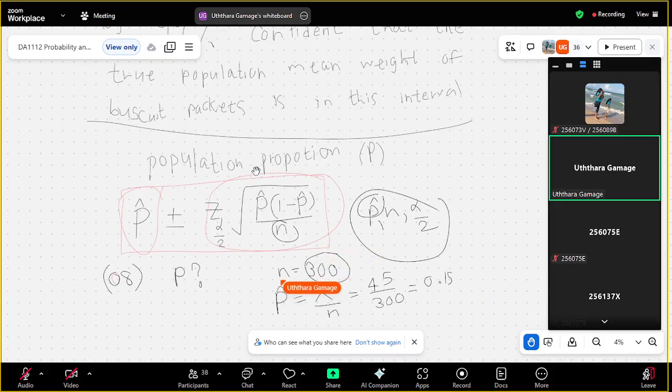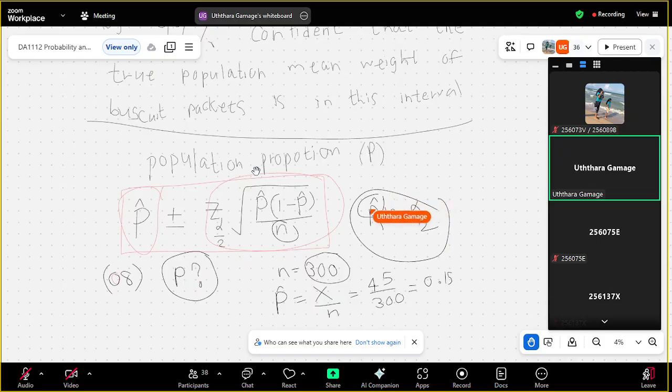So P hat will be 0.15, the sample proportion of that sample of size 300, right? So we have found that. And now we have to construct a 95% confidence interval for the proportion of defective items in the complete batch. We have to find the 95% confidence interval for this P.